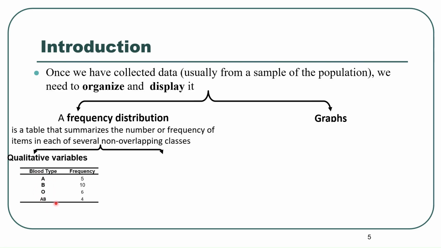If I do have 25 observations or people in my sample, and for each one I checked what is the blood type, I will just write in my table how many times among these 25 people I had blood type A, how many times I had B, and so on. This is a frequency distribution. Adding all of these frequencies up will give me 25, which means I began my data with 25 people.